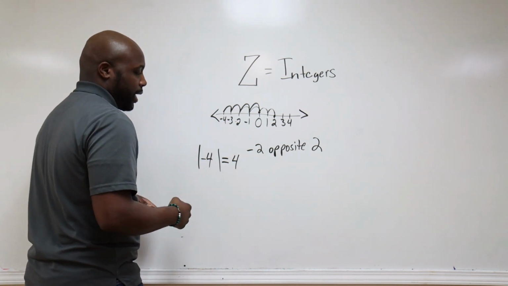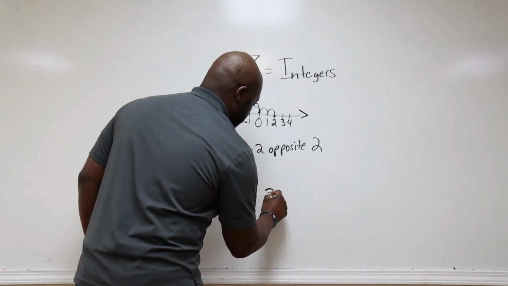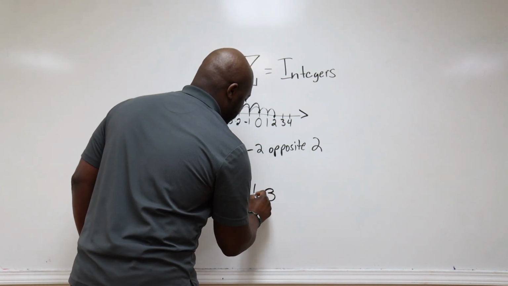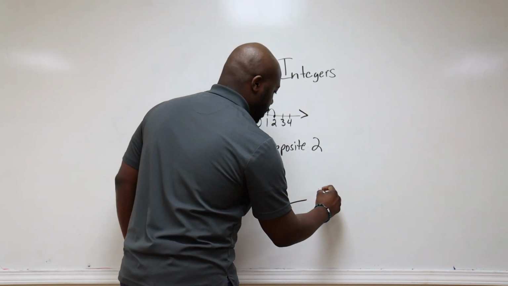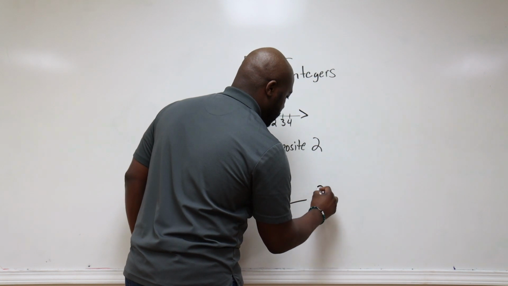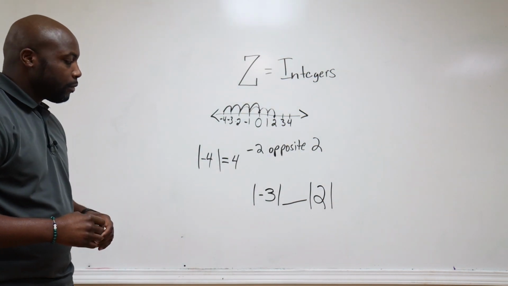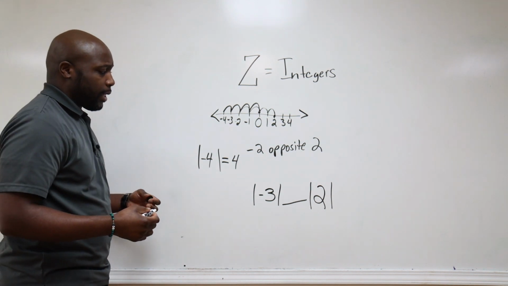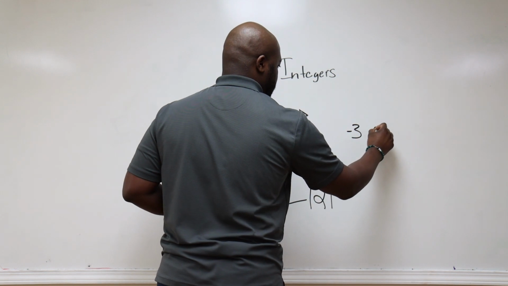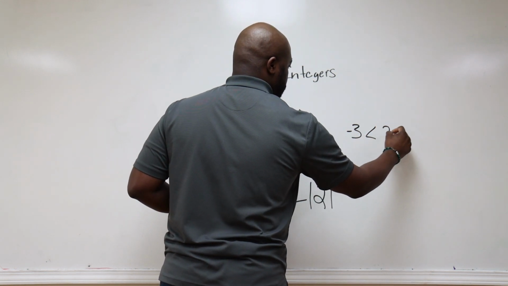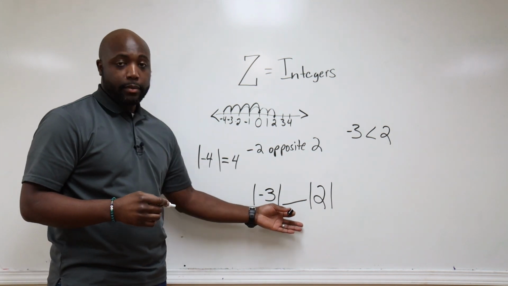So if I was to ask you, what is greater, the absolute value of -3 or the absolute value of +2? Someone would think, oh, I know this, -3 is less than 2. But that may not be the case when it comes to absolute value.